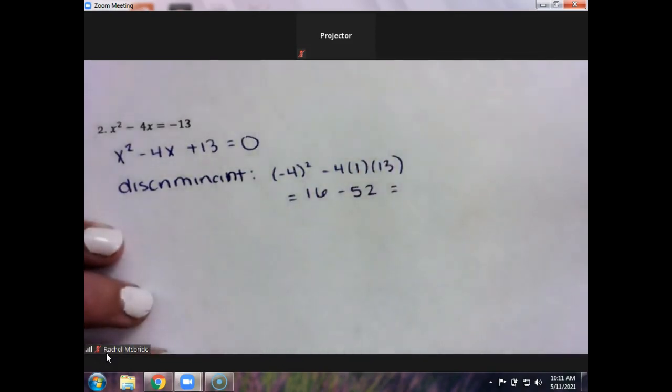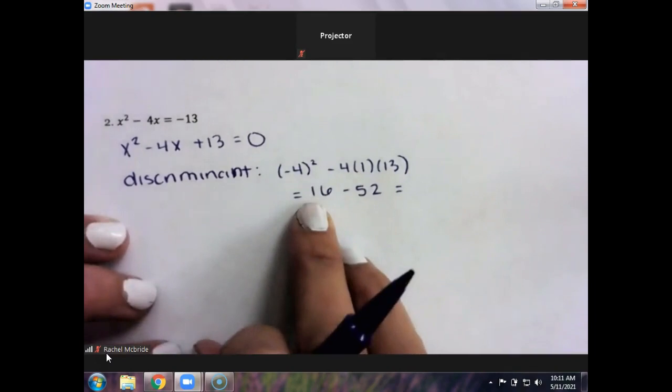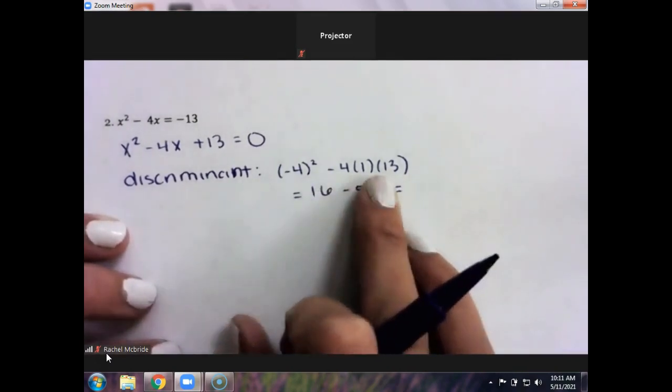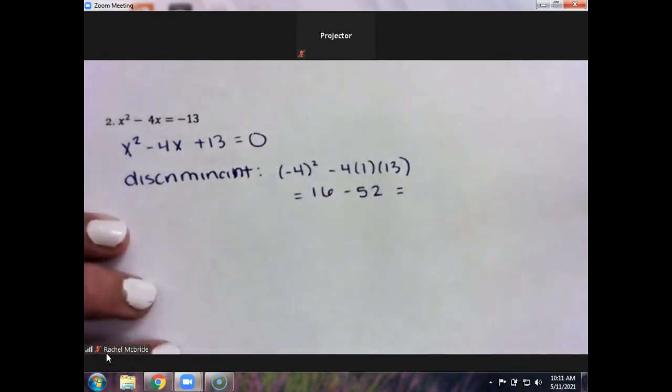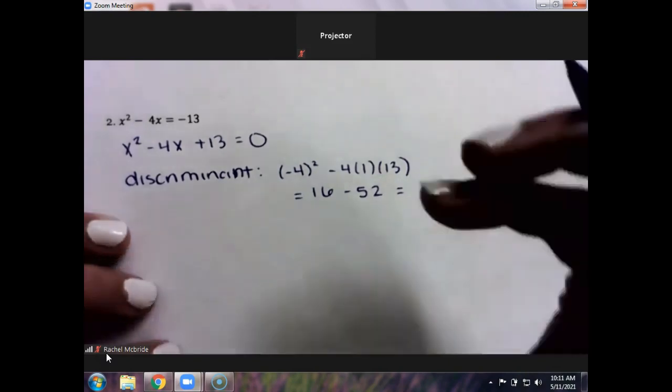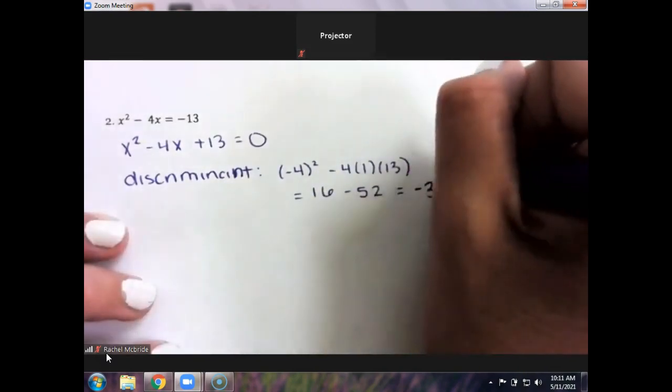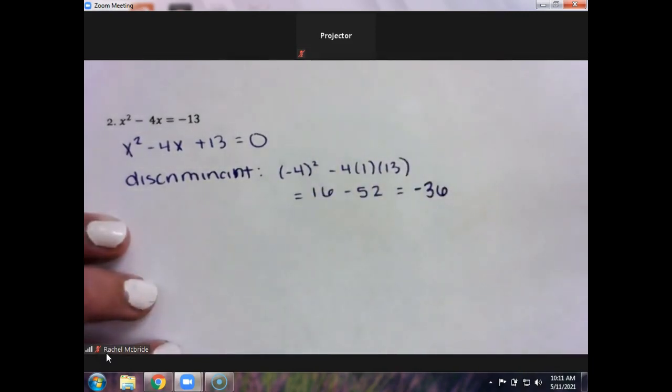This time, anytime you square a negative, it's always positive. But here we have a negative times 2 positives, so that stays negative. So you get 16 minus 52, which is now negative 36.